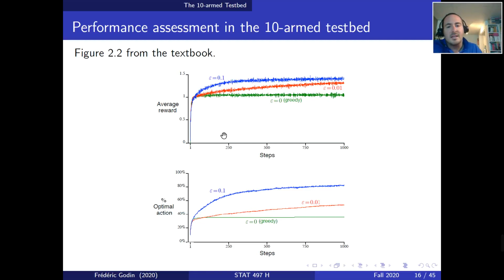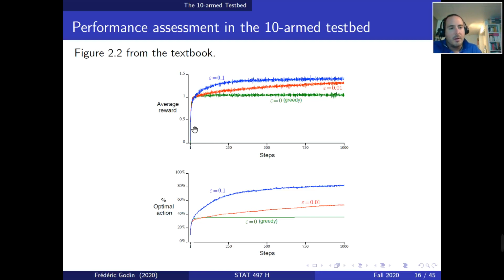And why is that the case? It's because the greedy strategy, in many circumstances, will miss the optimal action. At the beginning it does very well, but in the long run, if you miss the optimal action and never discover it, you might sample all the time from a suboptimal action, and your expected reward will plateau.